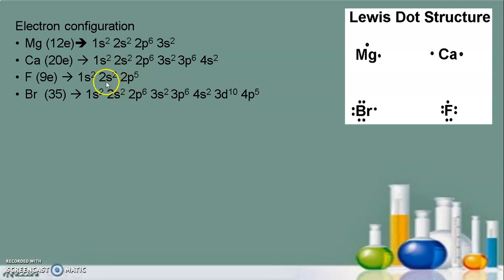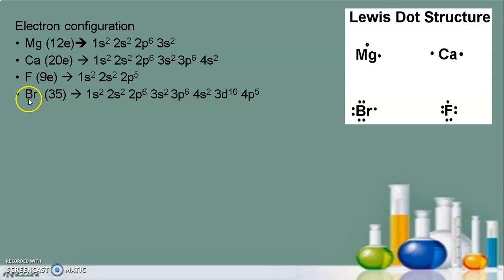So how many electrons are found in the second energy level? In s, you have 2 electrons, and in p you have 5 electrons. If you take the total of the electrons, that is 2 plus 5 equal to 7, which means that fluorine is found in group 7.